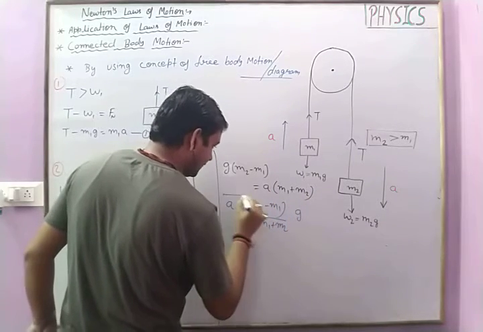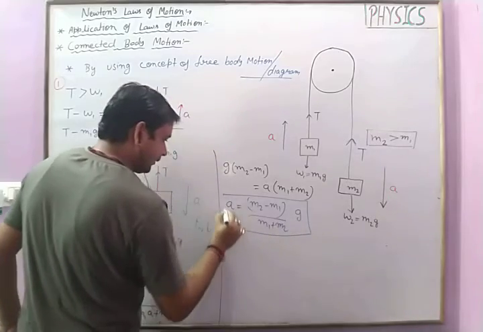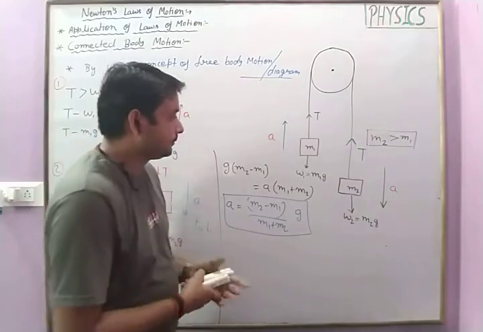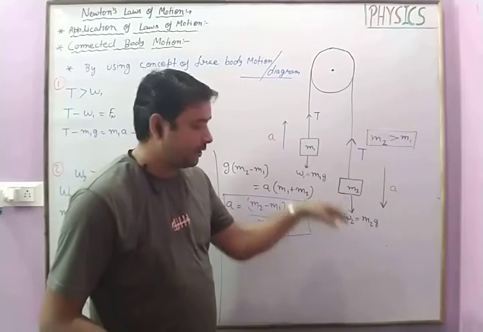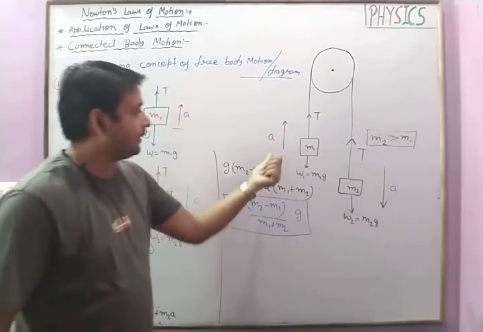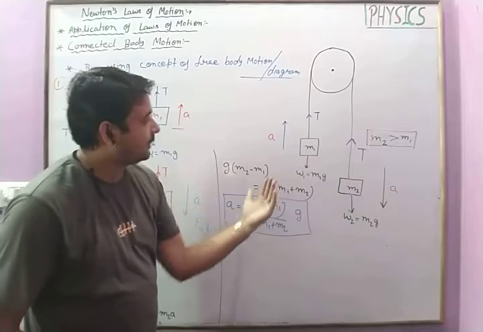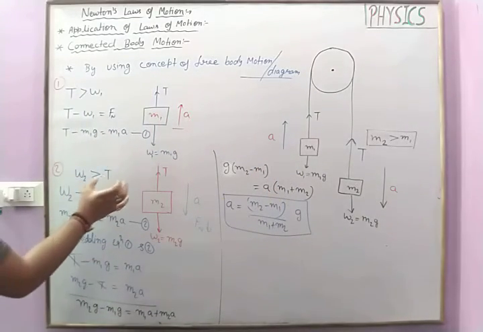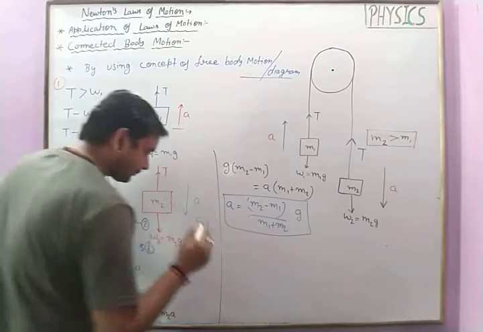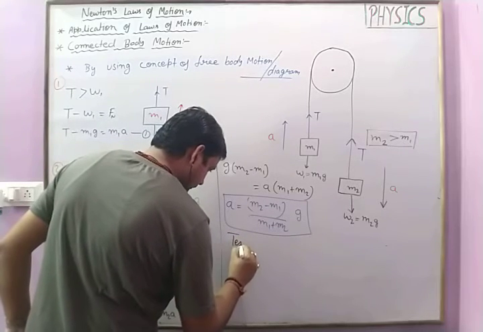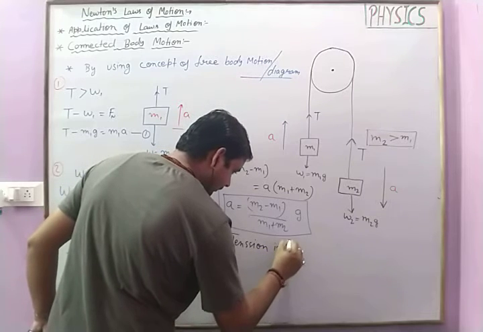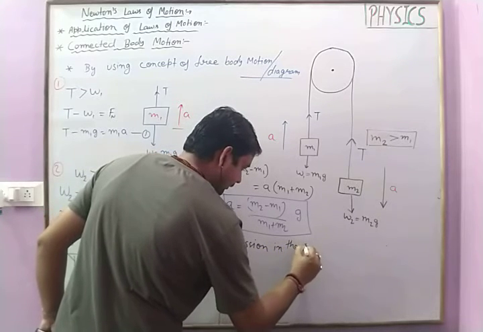Okay, this is the acceleration of the body, due to which the heavier body is moving downward and the lighter body is moving upward. Now we calculate the condition of tension in the string. Tension in the string.